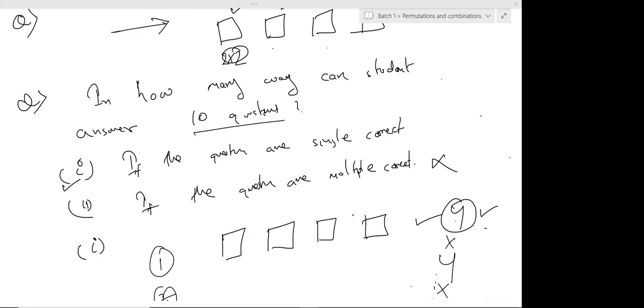See, not 16. We solved that. The answer was 15, right? You cannot leave any options. Yeah, first question is 15 ways. Now for 10 questions.